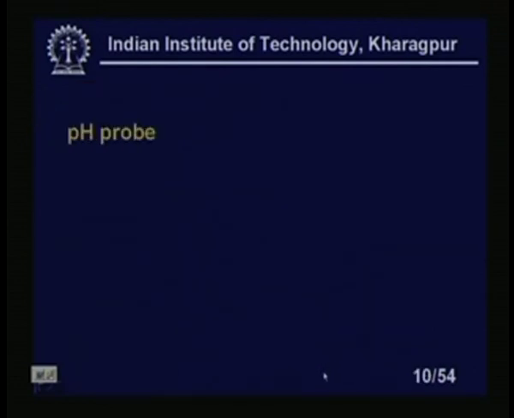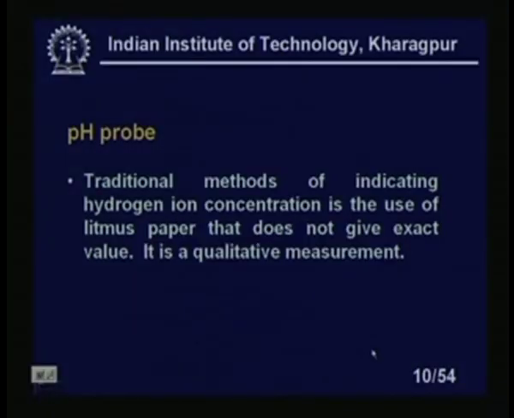Now, the pH probe, because for pH measurement you need a probe, and details of the probe are to be discussed. The traditional method of indicating hydrogen ion concentration is the use of litmus paper. This we have seen in the chemistry laboratory, where people use litmus paper to know whether the solution is acidic or alkaline, but this is a very qualitative method of measurement. It will not tell you how strongly acidic or alkaline it is.